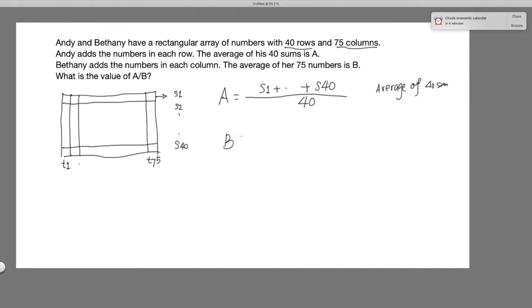And B equals T1 plus all the way to T75, the 75 column sums, divided by 75, the average. This is just the definition of the average. So the question asks, what is A over B?